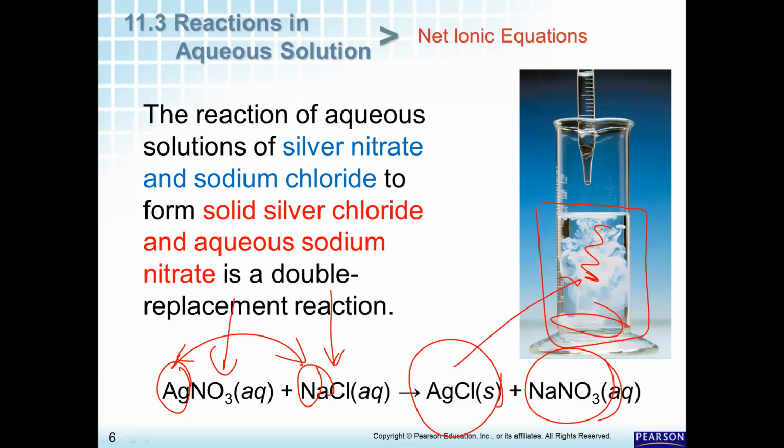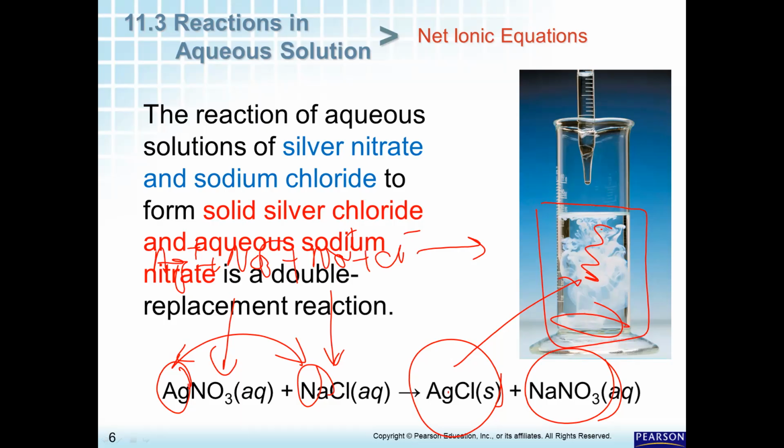Every time you see any compound with (aq) next to it, that means it exists as positive and negative ions. So this will be Ag+ NO3- plus Na+ Cl-, and the same on the other side. What about this AgCl? Can we put it as Ag+ Cl-?